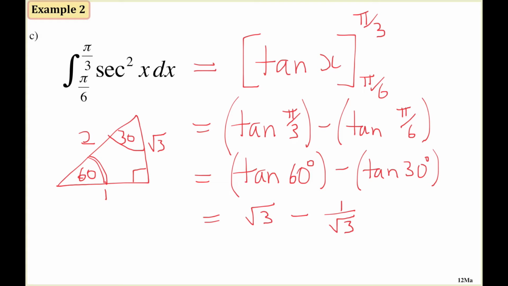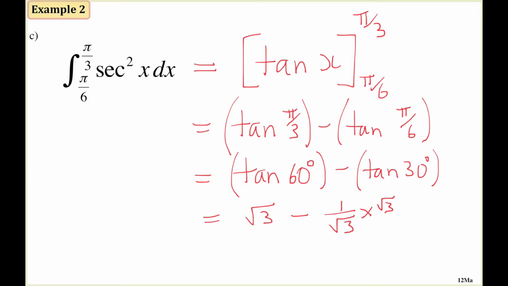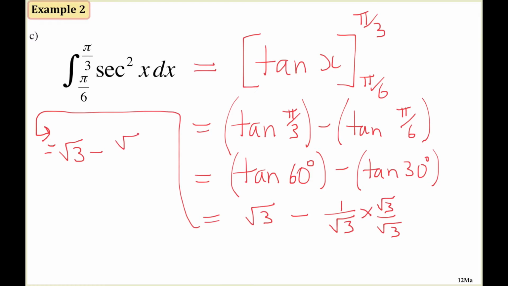Now that's your answer. However, often with questions like this, it will take it a bit further by getting a common denominator. So the first thing we do is rationalize the denominator, which means we would end up with root 3 minus root 3 over 3, because 1 times root 3 on the top is root 3, and root 3 times root 3 is root 9, and the square root of 9 we know is 3.